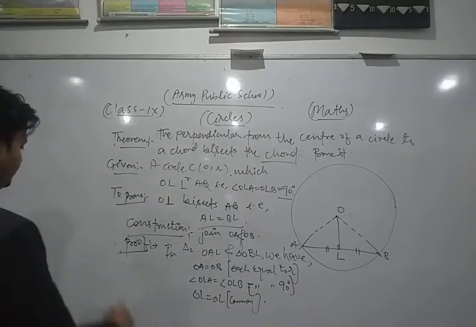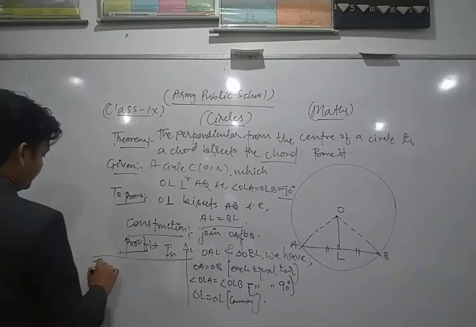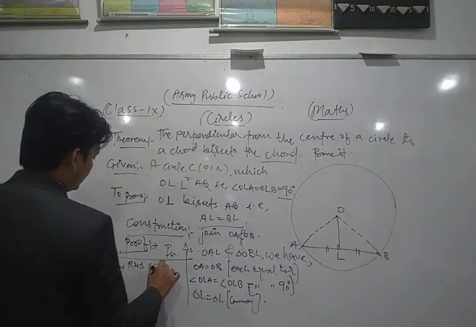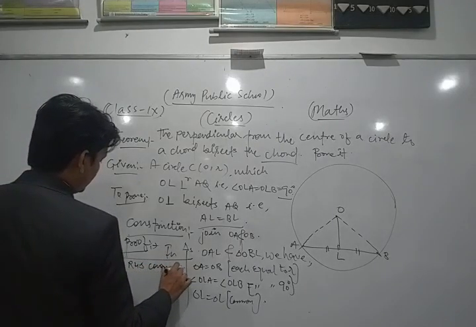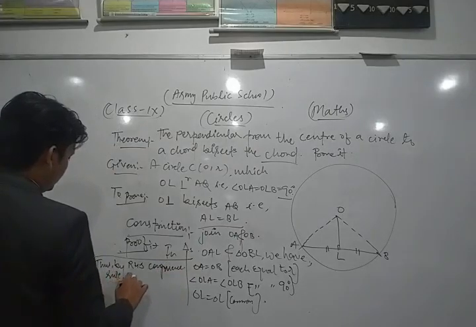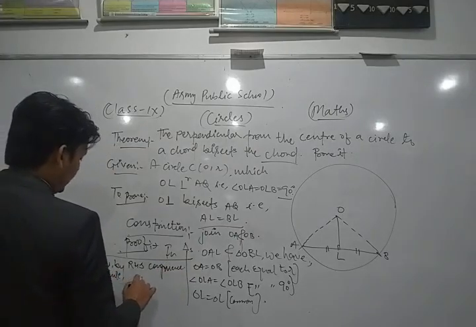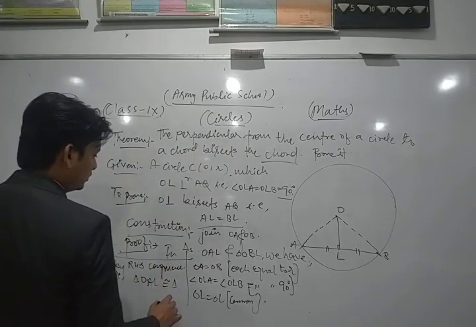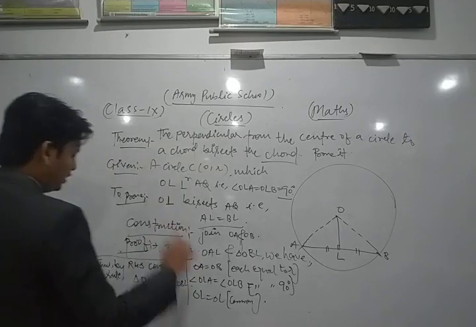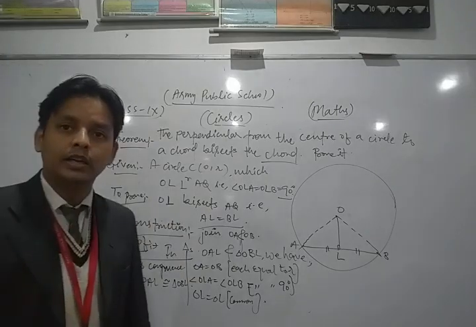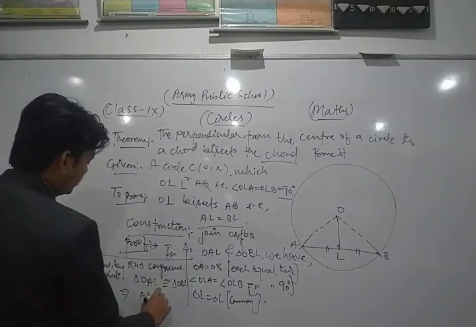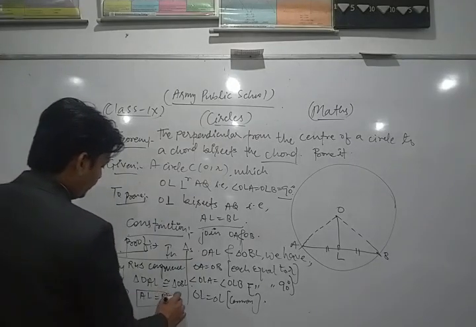Thus by RHS congruence rule, triangle OAL is congruent to triangle OBL. Thus by CPCT we get AL is equal to BL. Hence proved.